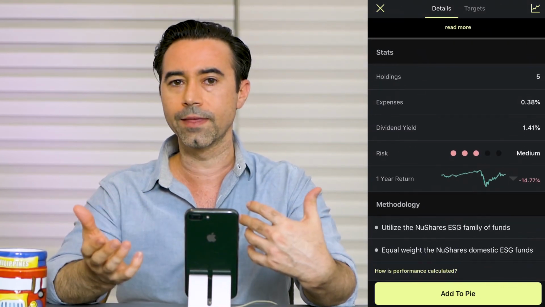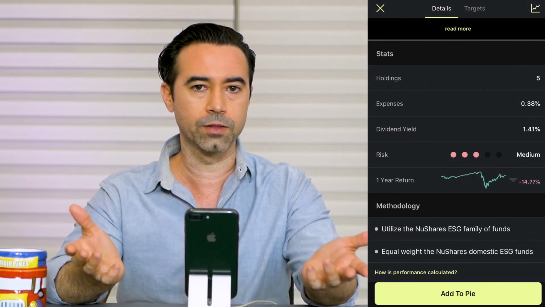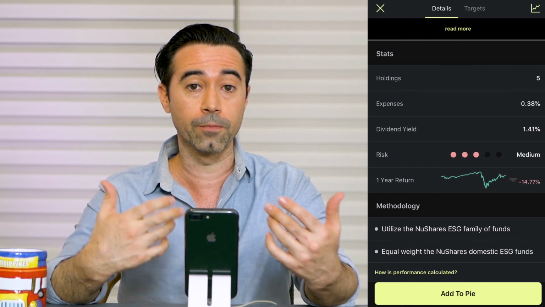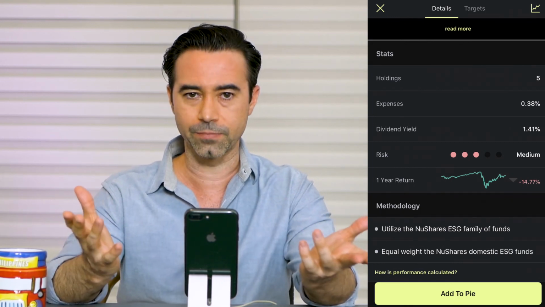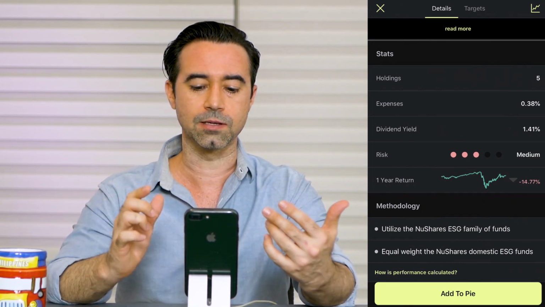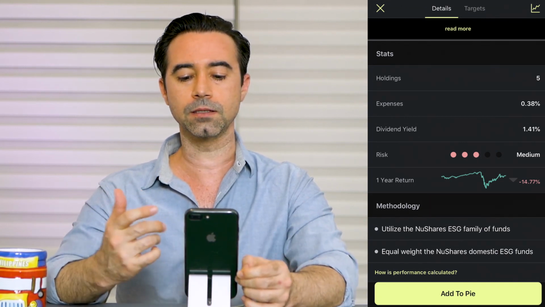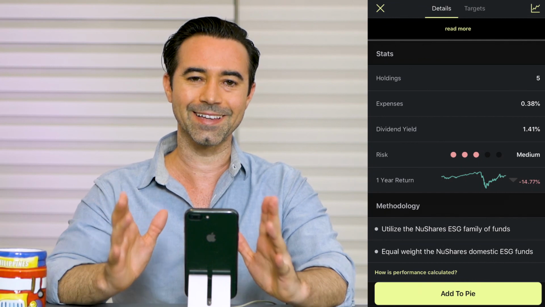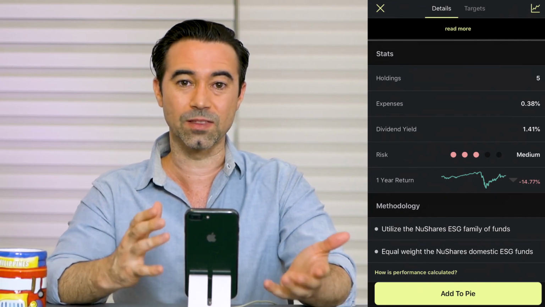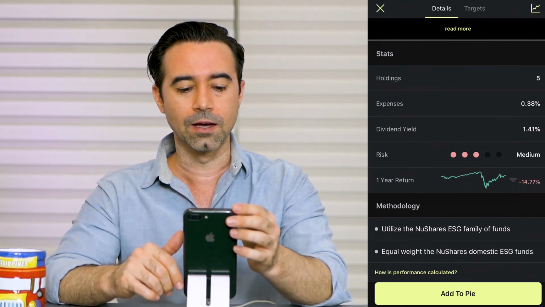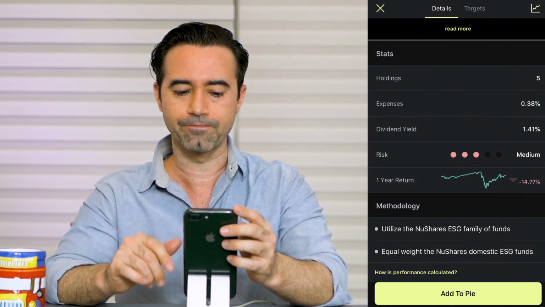That's more than the aggressive portfolio we saw before, which had like a 0.5% expense ratio. So this is over 5 times more, but it's still a little high these days with the crazy low expenses.